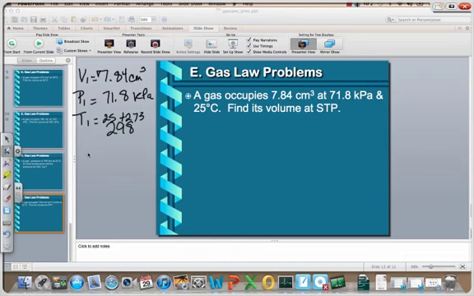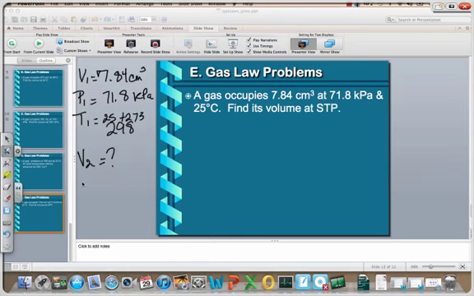All right, so it says find its volume. So the volume is changing. We don't know what that is. At STP. Well, STP means standard temperature and pressure. And standard temperature is 0 degrees Celsius, or 273 Kelvin. And standard pressure is 1 atmosphere, or 101.325 kilopascals.